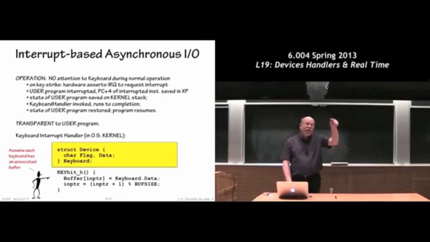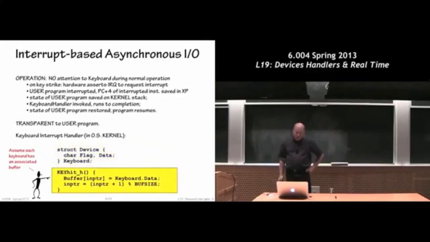It accesses a particular magic I/O address, or in some machines there's actually separate I/O instructions as opposed to load and store, which go off and get some information. We can go fetch that from the keyboard buffer and put it into the kernel buffer, and away we go. So the kernel buffer is just a standard array. Alrighty, and then the handler's job is to simply read that and stick the character into the buffer.